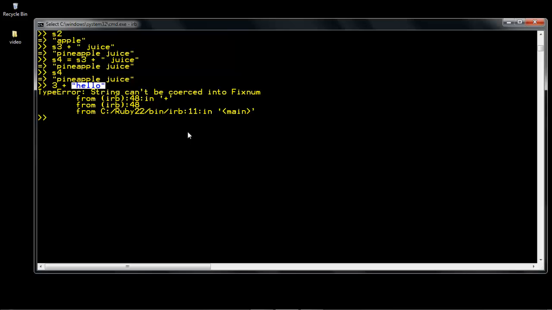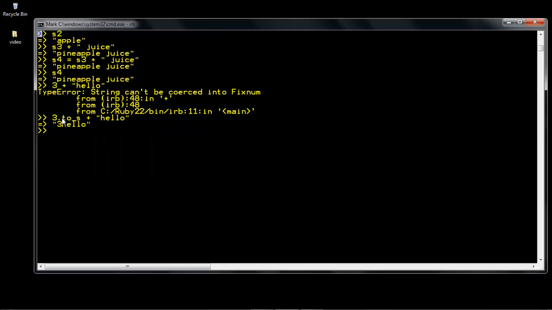So if you want to create a new string which looks like that, you have to convert the integer into a string first. This is how you do it. 3.to_s plus hello. This works.